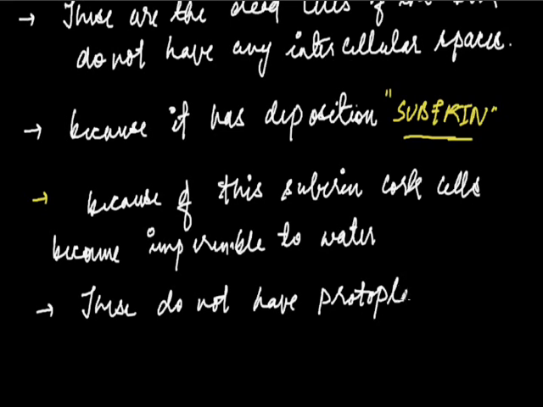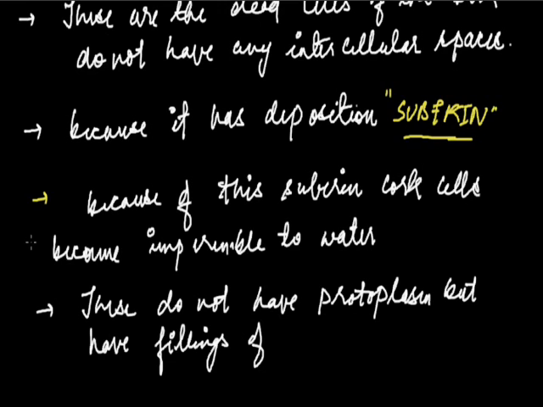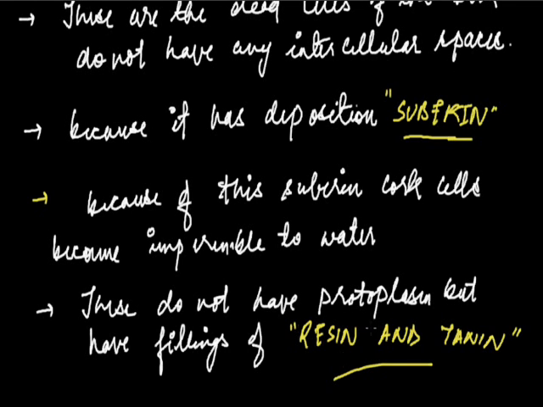Resin and tannin are the waste products of the plant. These are harmful for the plant, so they are excreting this. The hard nature of cork is due to the deposition of suberin.